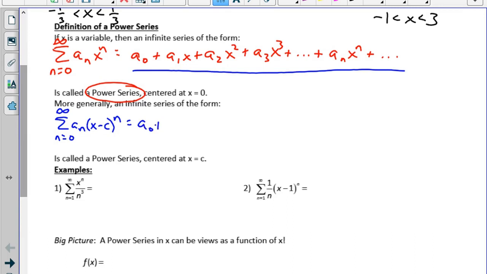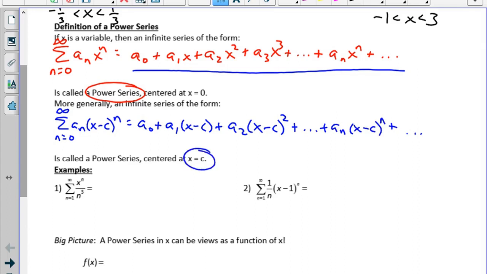So it's a sub 0 plus a sub 1 times x minus c plus a sub 2 times x minus c squared plus a sub n times x minus c to the n, and so on and so forth. That's called a power series that's centered at c. So if we want to center the power series at some other value of x other than 0, that would be how we do it.